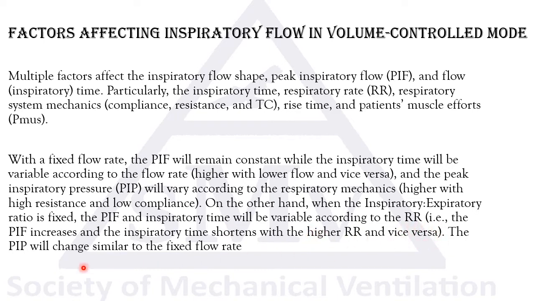So if the respiratory rate increases, the peak inspiratory flow will increase and the inspiratory time will be short, and vice versa. We'll see this in the next slide in the simulator.